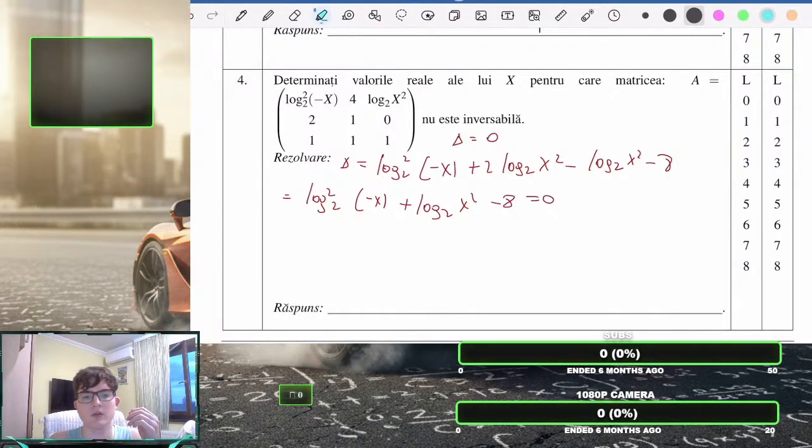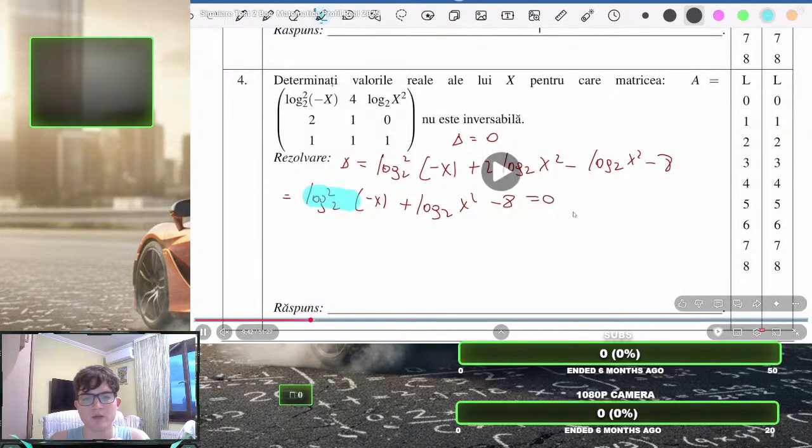Looking at that first log base 2 and the 2 above it, I think the 2 above it means essentially the second power, but minus x perhaps. So minus x to the second power is going to be x to the second power, so we can just cancel them out as far as I know.